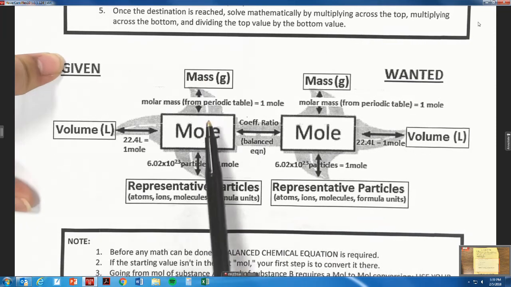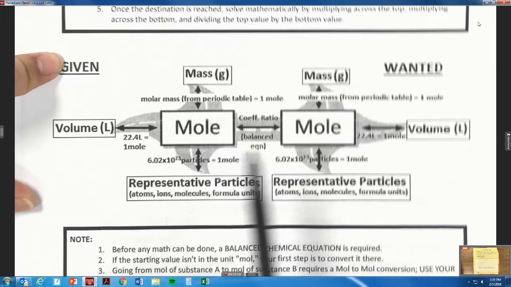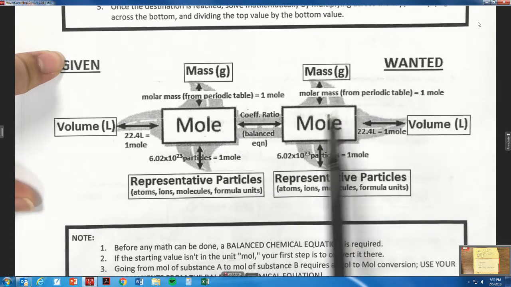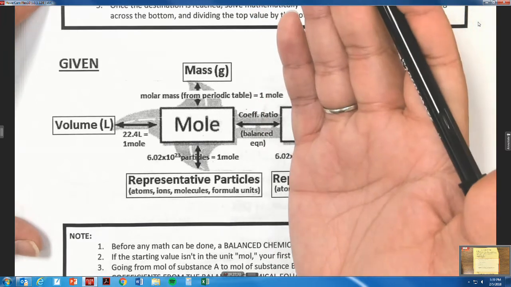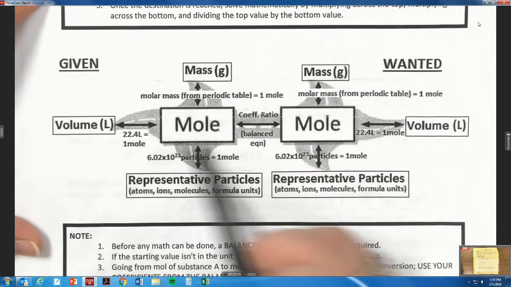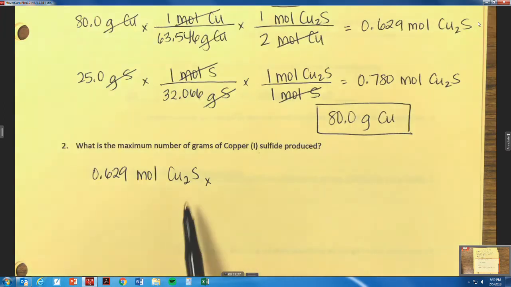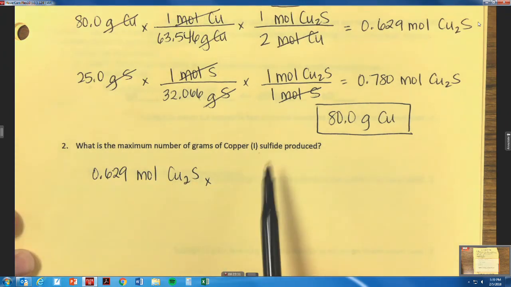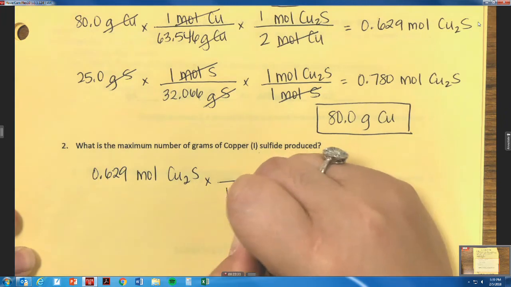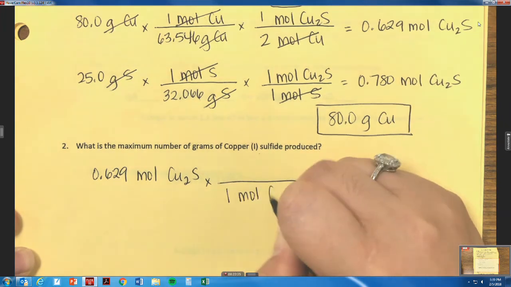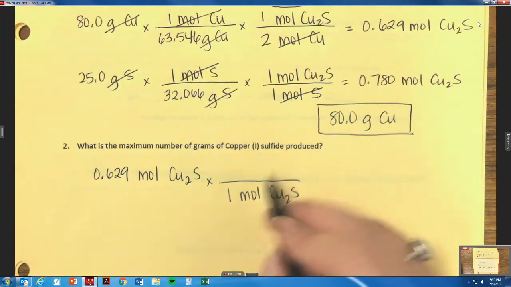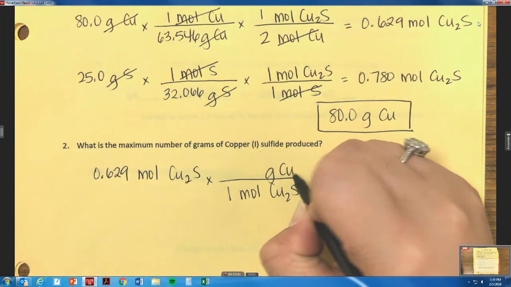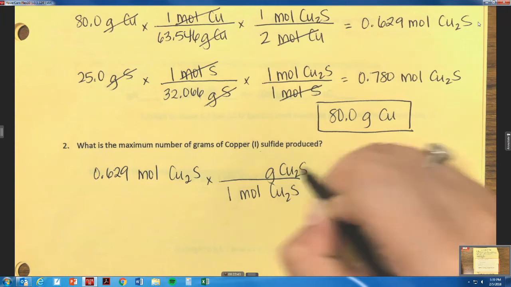We're not converting from moles of one substance to moles of another substance, then to mass. We are still on the same side of your mole map. You are converting from the same substance to the same substance. So it's actually just 1 mole of copper sulfide is going to produce how many grams of our product?